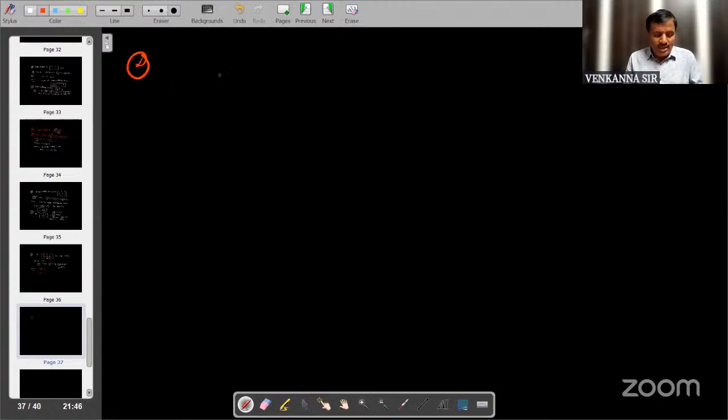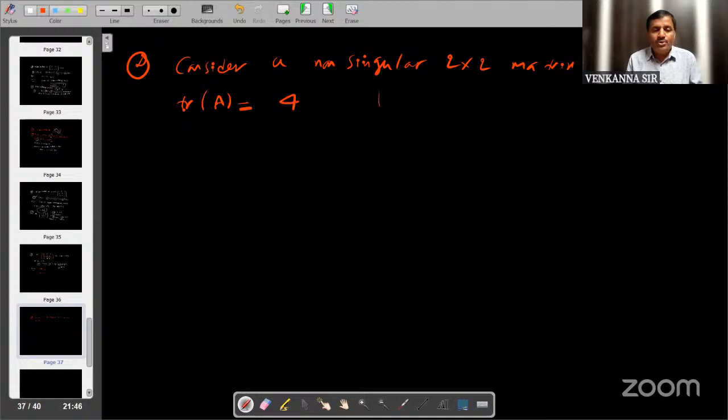Consider a non-singular 2 by 2 matrix A, with the trace of A equal to 4 and the trace of A square equal to 5.